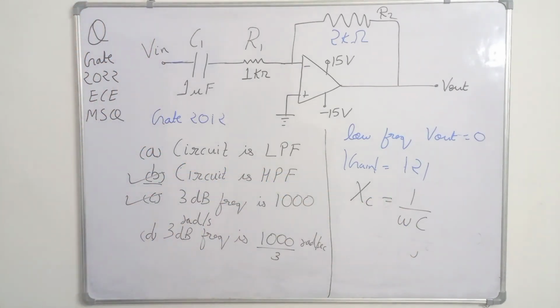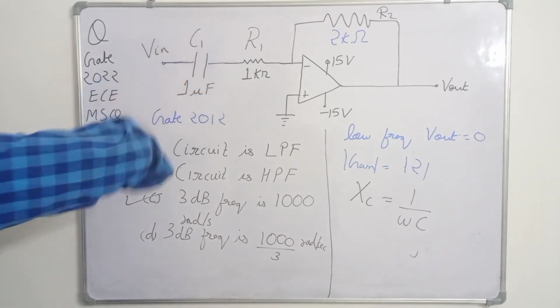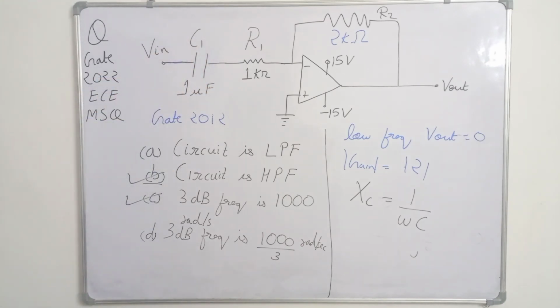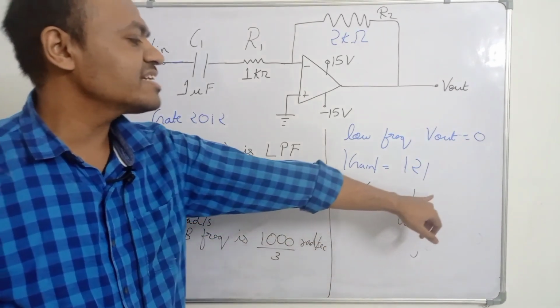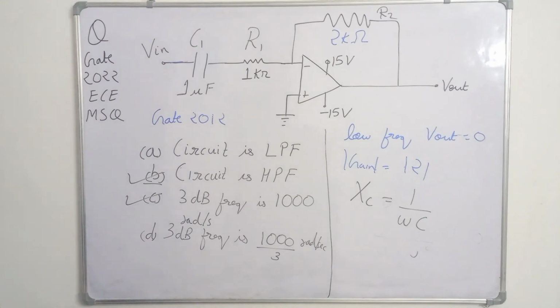So the capacitor will offer very small reactance to high frequency. So for high frequency we can replace any capacitor by a short circuit, and for low frequency we can replace any capacitor with an open circuit, because for low frequency Xc is infinite.